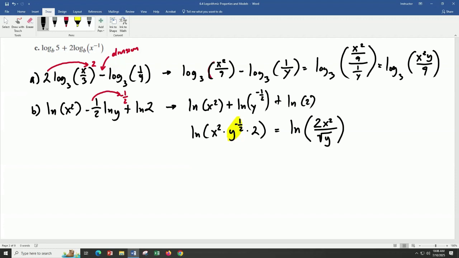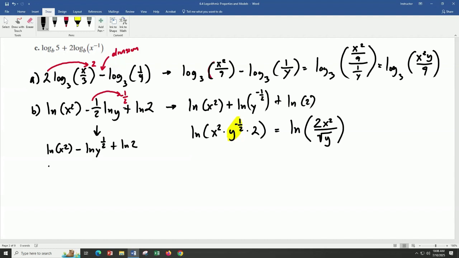It doesn't matter. Notice that this one over here, if we want to show this very quickly, I'm going to leave C for you, but if you're going to get confused right there, notice on this one, I could have done this. You would have the ln of x squared minus the ln of y to the 1/2 plus the ln of 2.